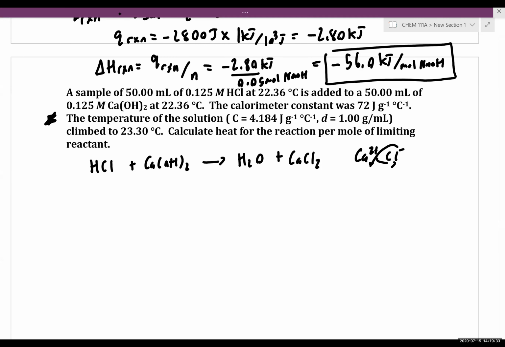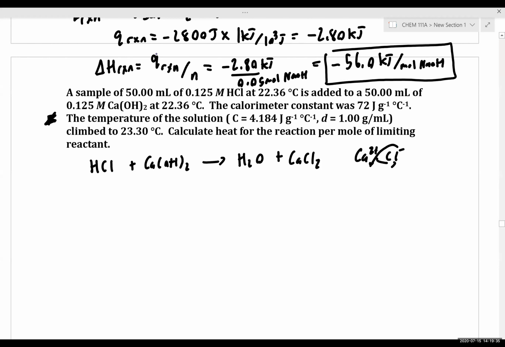Now, I have to ask this question again because I want you always to be repeating this question when you look at a chemical reaction. Is this equation balanced as written? No. We have 2 chlorines on the right, so we need 2 chlorines on the left. We have 4 hydrogens on the left, so we need 4 hydrogens on the right.